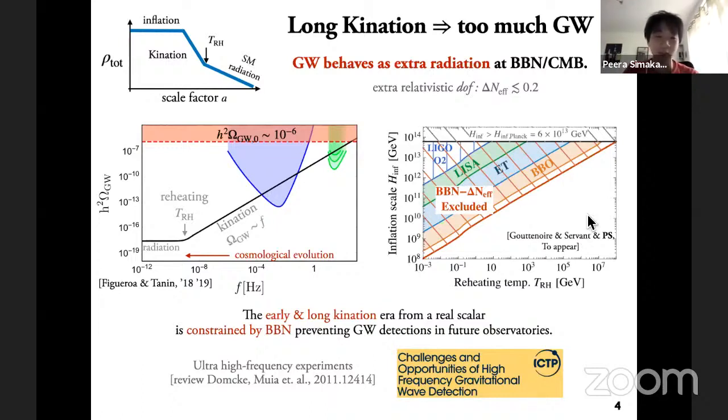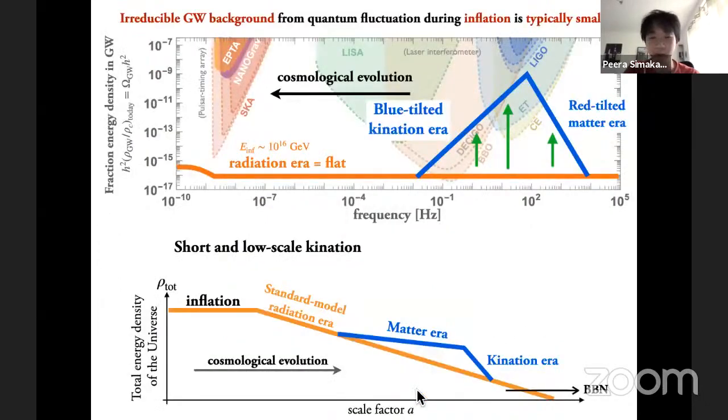So we will consider kination with a little bit more non-trivial structure, where kination in our case will last for a short period of time, such that we can have the cutoff on the enhancement from kination and make this spectrum obey the BBN bound. So one interesting way to do this is if we have the matter era that comes first before kination.